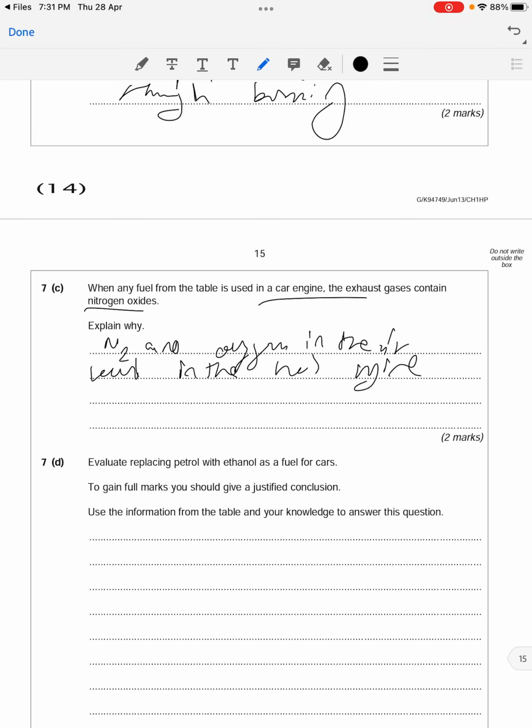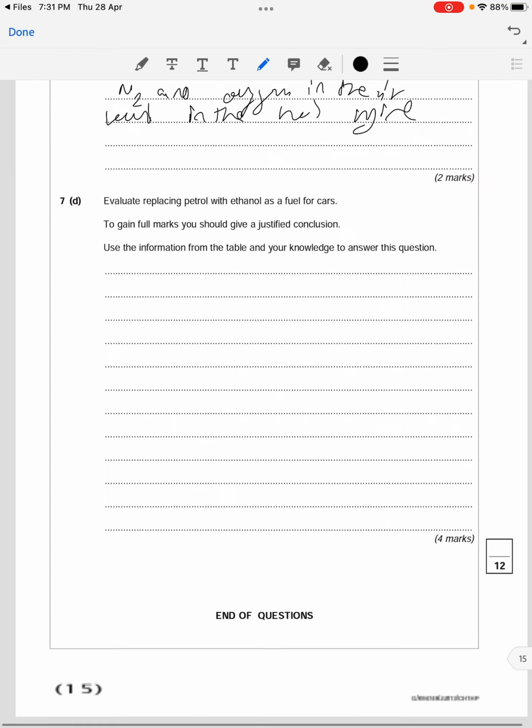This is the reason why the exhaust gases contain nitrogen oxides, because nitrogen and oxygen are abundant in the atmosphere. They react in the hot engine at high temperatures.